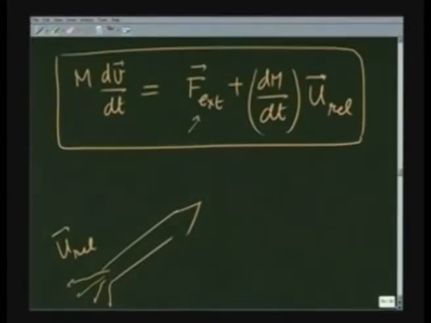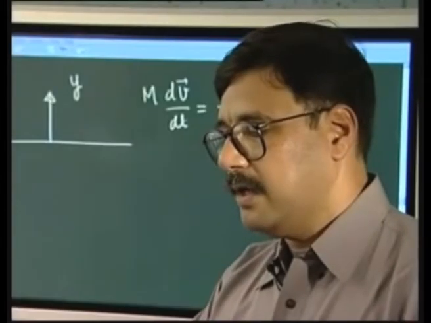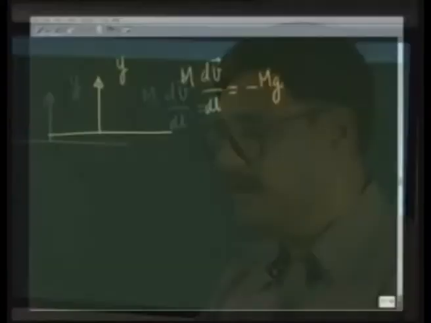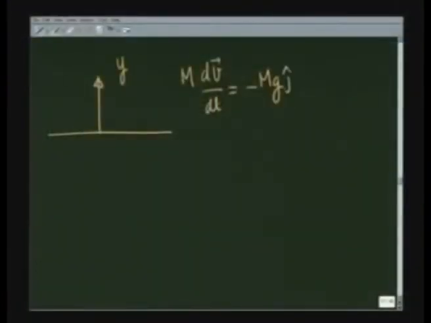So, suppose I fire a rocket from the earth's surface vertically up as a sample problem. Let me take this direction to be y, and therefore for the rocket I am going to have m dv/dt equal to F external, which is only the gravitational force in the negative direction, plus dm/dt u relative.